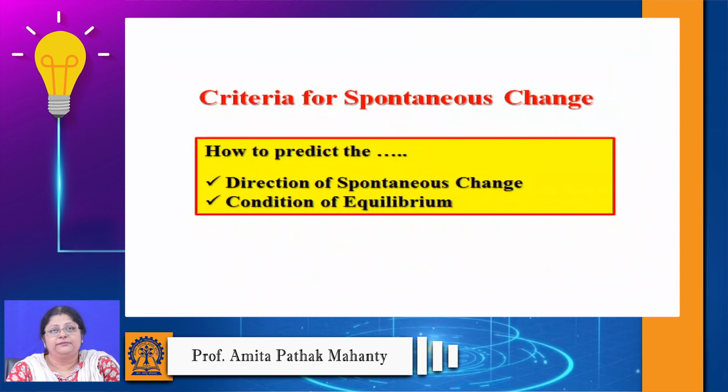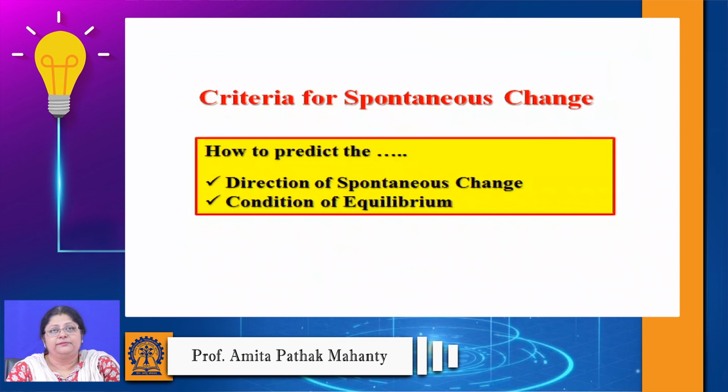We had said that a change of state for an isolated system is going to be such that it will continue to keep changing until it reaches the equilibrium where you have reached the maximum entropy. The first topic of that discussion, criteria of spontaneous change, is already discussed, and I hope you will remember that.